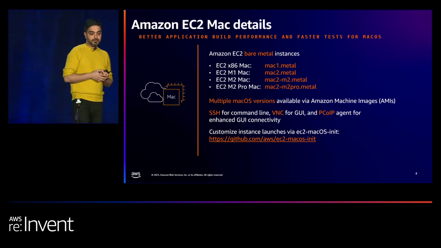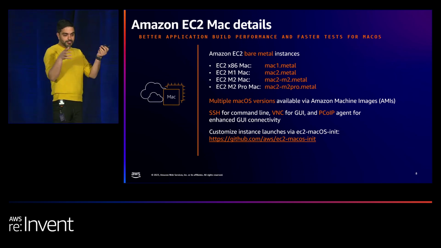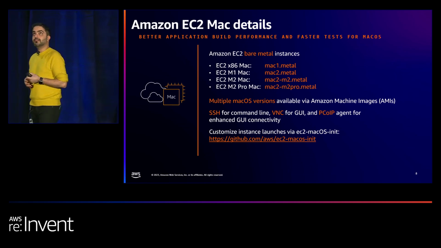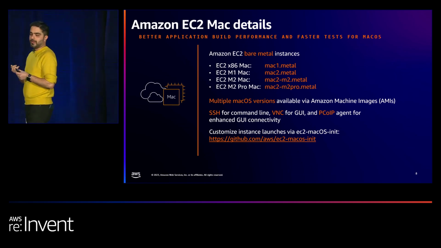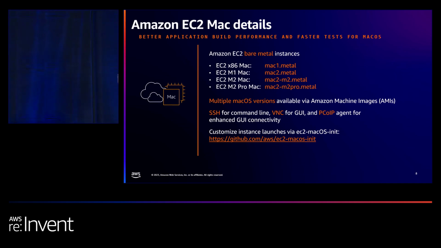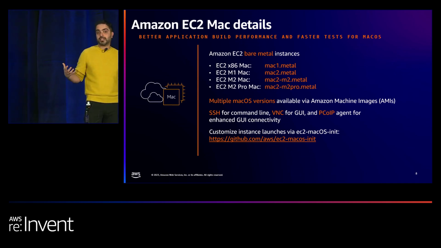As a corollary to that tenet, we make no modifications to either the physical Mac or macOS, apart from installing certain libraries or tooling within the macOS AMI that we officially released to make it work.